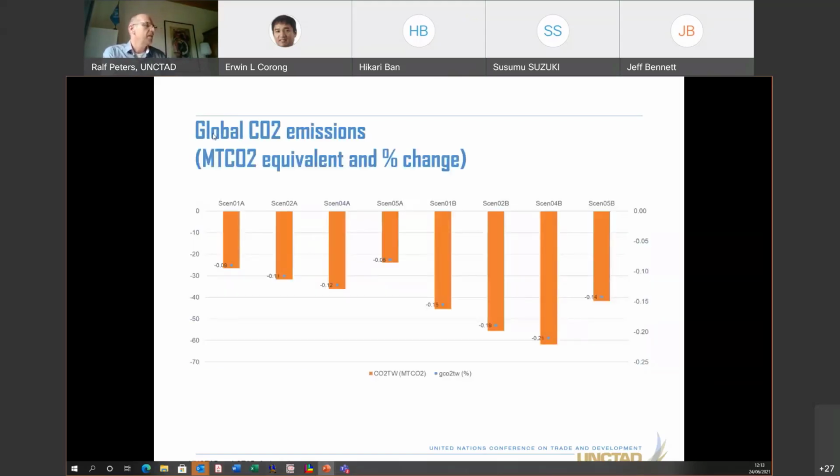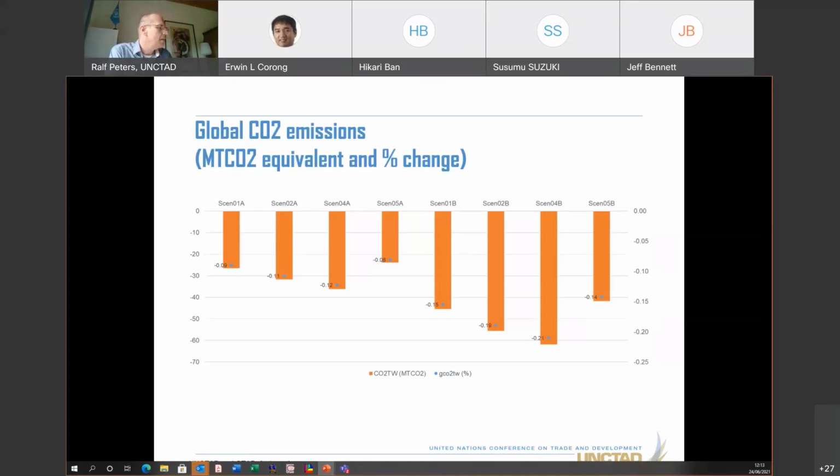The results. So to begin with the most important, perhaps, because the objective is to reduce the CO2 emissions. And we see here that in all scenarios, the global CO2 emissions are reduced further by introducing the CBAM. The effect, though, is fairly small.